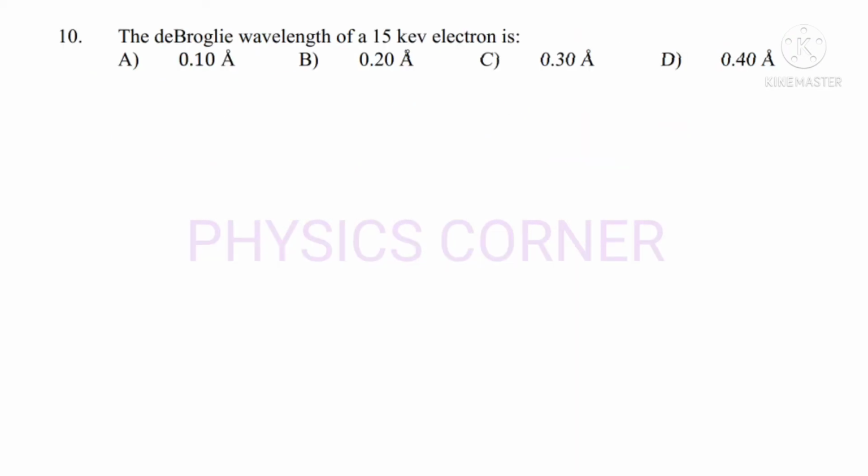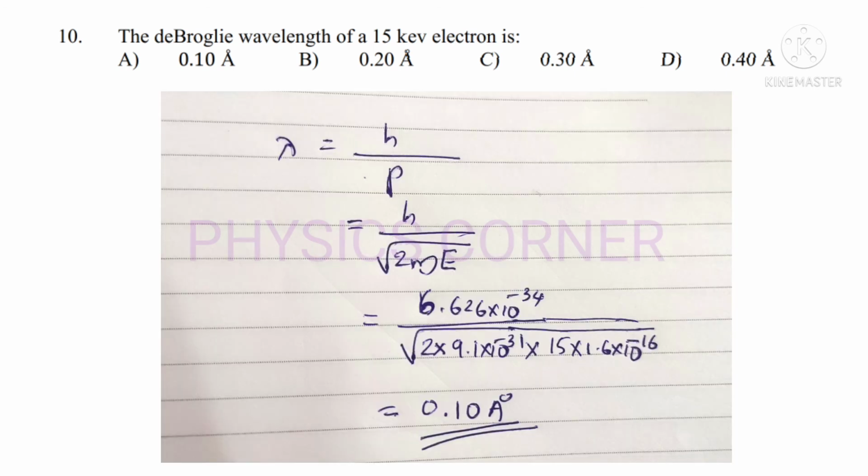10th question. The de Broglie wavelength of a 15 kiloelectron volt electron is 0.10 angstrom, 0.20 angstrom, 0.30 angstrom and 0.40 angstrom. Here also we can talk about de Broglie wavelength, right? So lambda is equal to h by p, and it's also equal to h by root of 2 m E, and the energy is given as 15 kiloelectron volt.